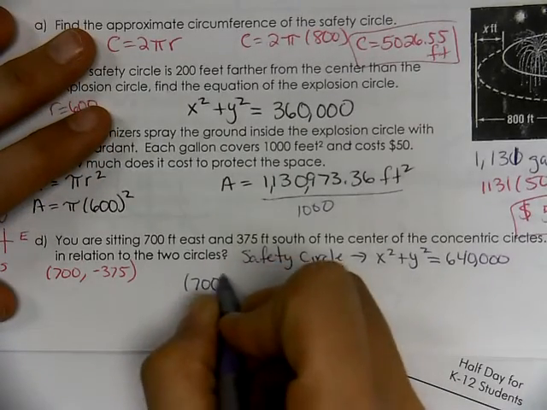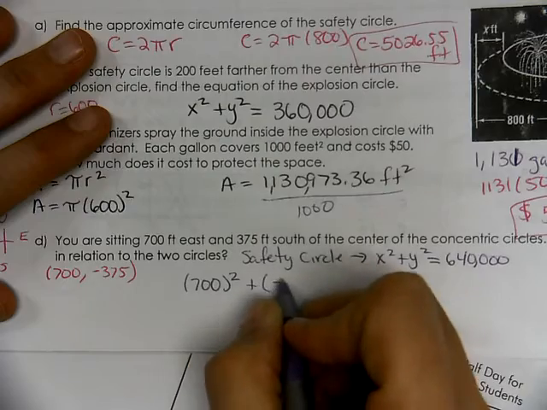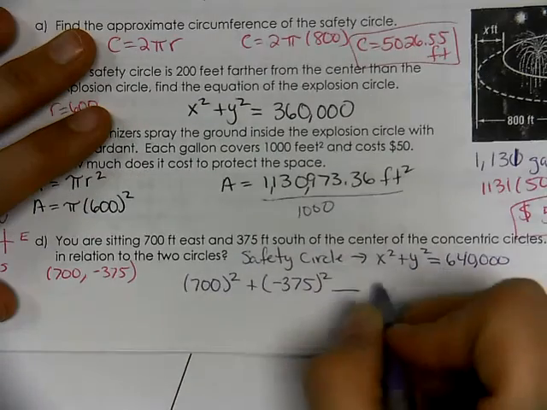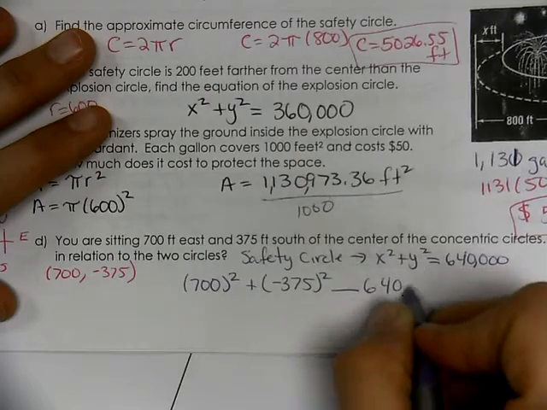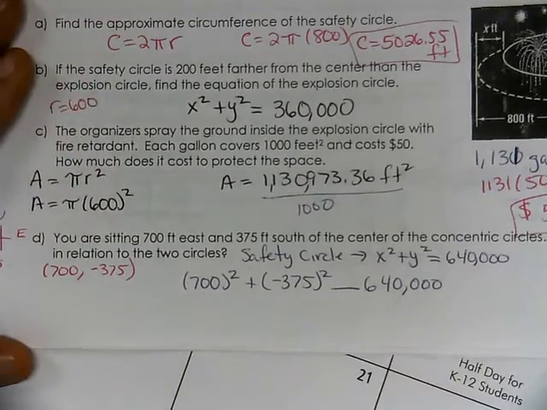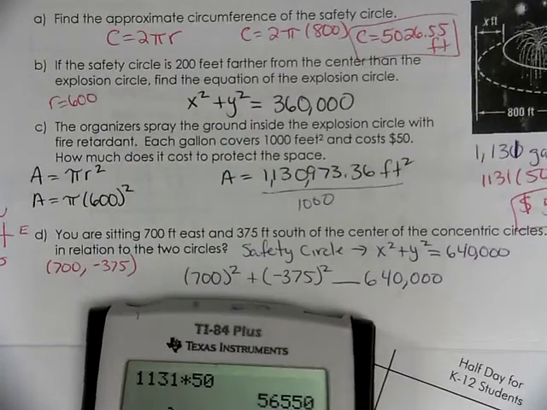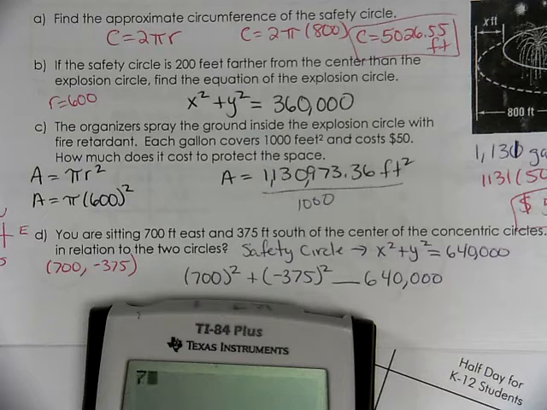So 700 squared, negative 375 squared is what? We'll stick with the safety circle, 640,000. But less than, greater than. I'm going to do this all in one. 700 squared plus negative 375 squared.